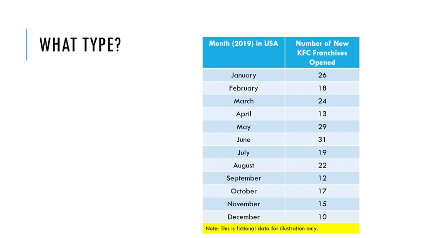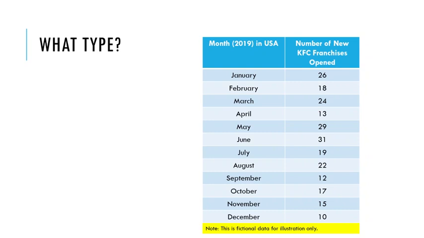Let's take a look and see if, when I give you data, you can tell me what kind of data this is. So I've given you data for 2019 for different months and the number of new Kentucky Fried Chicken franchises that were opened. All right, so gang, what kind of data is this?